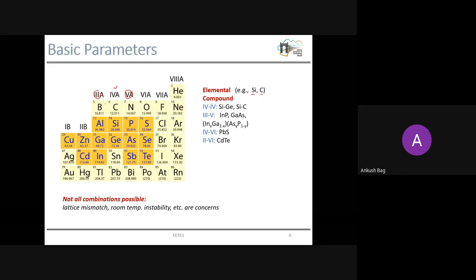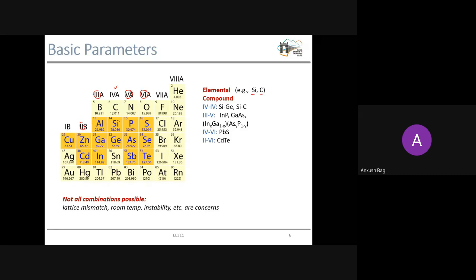These 3-5 materials, or compound semiconductors, are very important considering all the emerging applications, as we have seen in the last class. So these are called group 3-5 semiconductors. Similarly, if we mix a group 2 material with a group 6 material, at the same time it can complete the 8 outermost electrons, and it can give you semiconductor behavior.